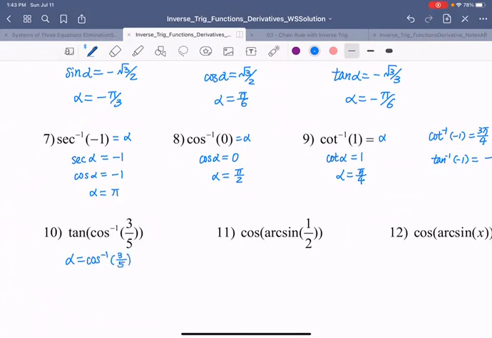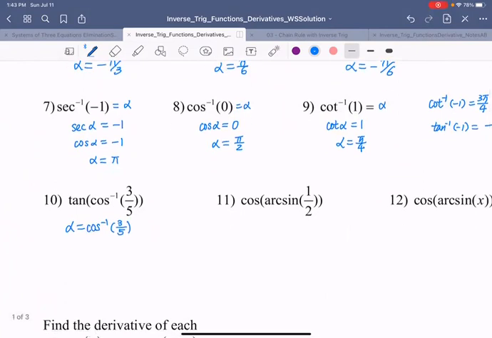We can write down alpha equals that. That means cosine alpha equals this, correct? Yeah, cosine alpha equals 3 over 5.